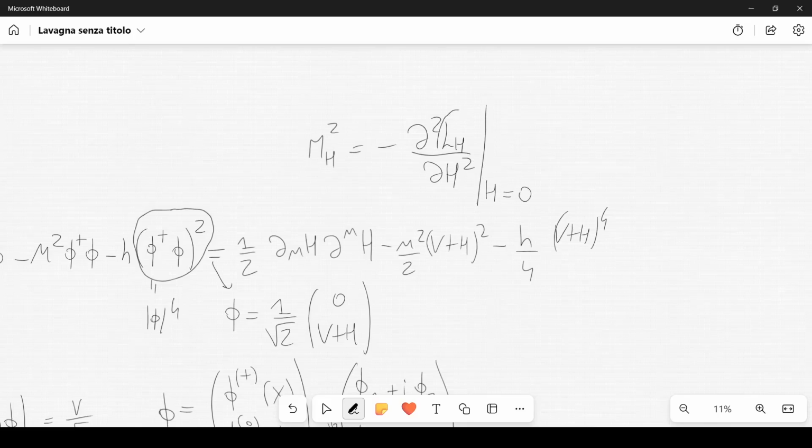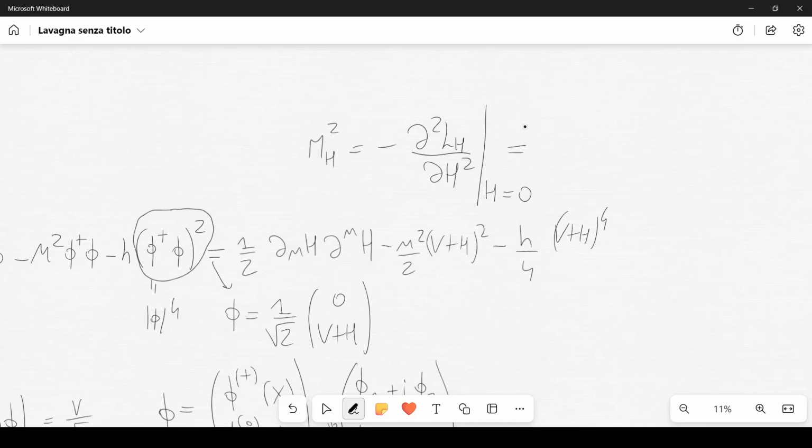So in this case, if we take the derivative of the Lagrangian of the Higgs field, we only have to turn off the field h. So we have to set it equal to 0. If you consider only the Higgs Lagrangian, the only field that you have to set equal to 0 is the Higgs field here, because there are no other fields that appear in the expression for this Lagrangian.